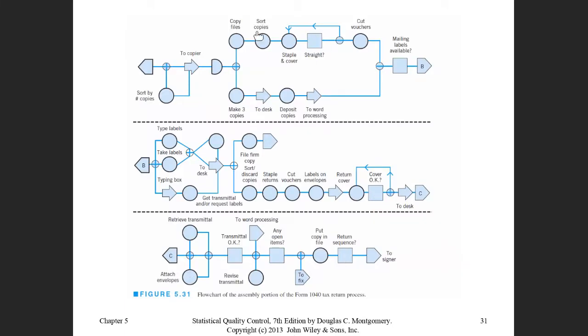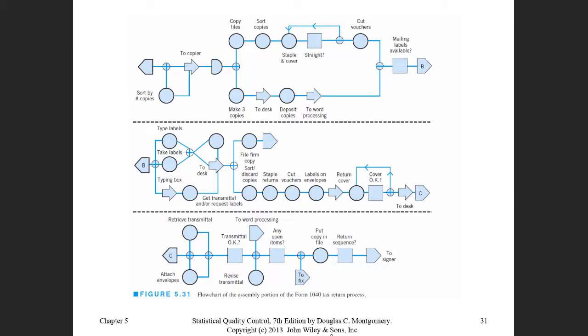You can see operation here, and the storage here, and then the movement and transportation like here. So just know the identification for those symbols, which is used to identify the process flow.